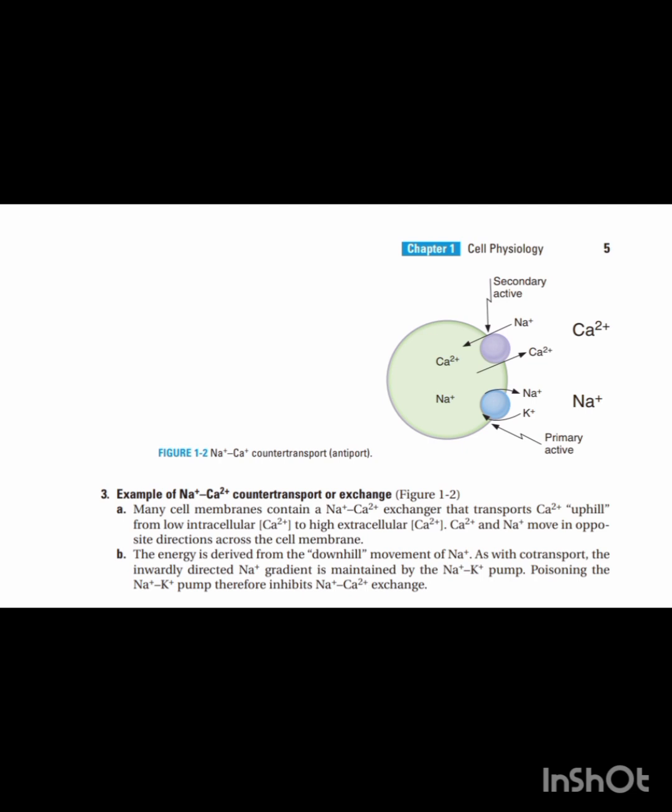So now calcium is moving outside the cell against the concentration gradient, and sodium is always moving inside the cell because of the sodium gradient that is developed by the sodium potassium pump. The energy is derived from the downhill movement of sodium. As with co-transport, the inwardly directed sodium gradient is maintained by the sodium potassium pump, and if we inhibit this pump, there will be no sodium calcium exchange mechanism. So that's simple.